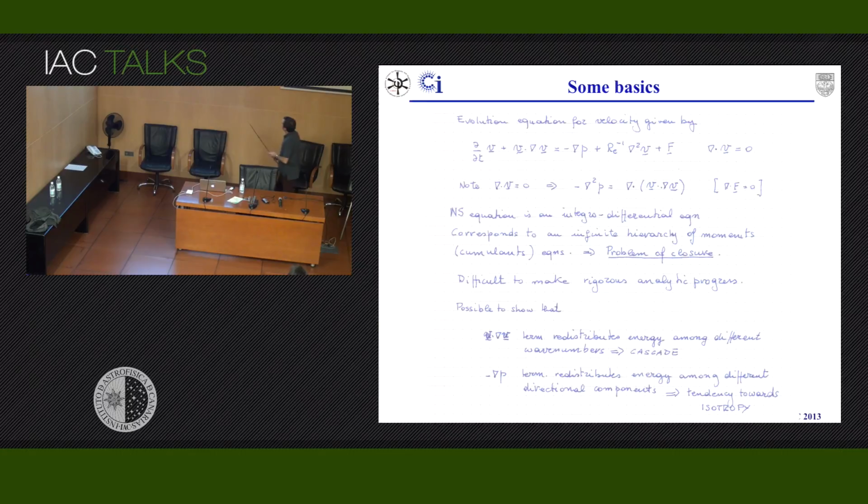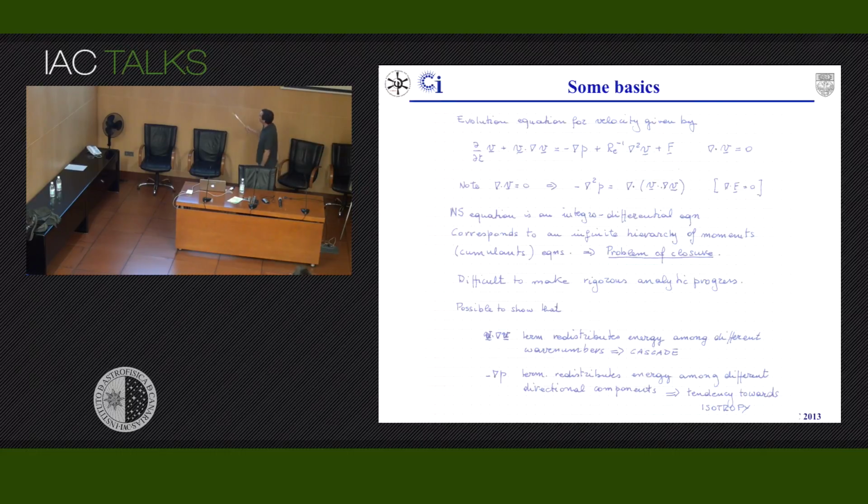Okay, so the evolution equation for the velocity is the Navier-Stokes equation. There it is. Typically, people assume that the divergence of the velocity is equal to 0, so that is incompressible flow, which means that the pressure here is given by a Poisson equation, and so it has absolutely nothing to do with the thermodynamic pressure. The pressure in an incompressible fluid is just like a Lagrange multiplier: it is what you need to solve the equation subject to the constraint that the flow is incompressible.